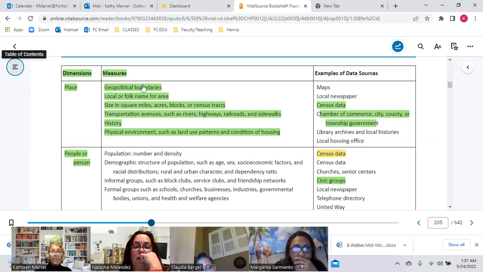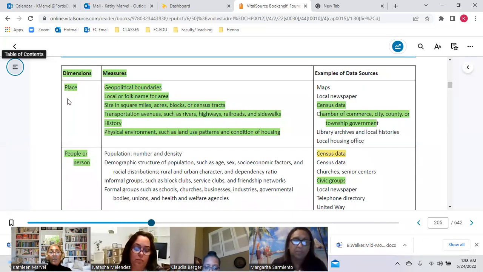What are the boundaries? How many square miles? What does transportation look like? What does the community look like? Does it have rivers, highways, railroads, sidewalks? What's the physical environment? So that's community as a place.